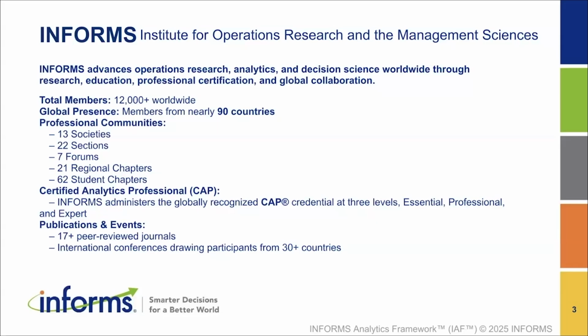In addition to its many professional publications, conferences, webinars, and association chapters, Informs manages a tri-level certification program known as CAP, which certifies analytics professionals. The most recent addition to these professional services and products is the IAF.